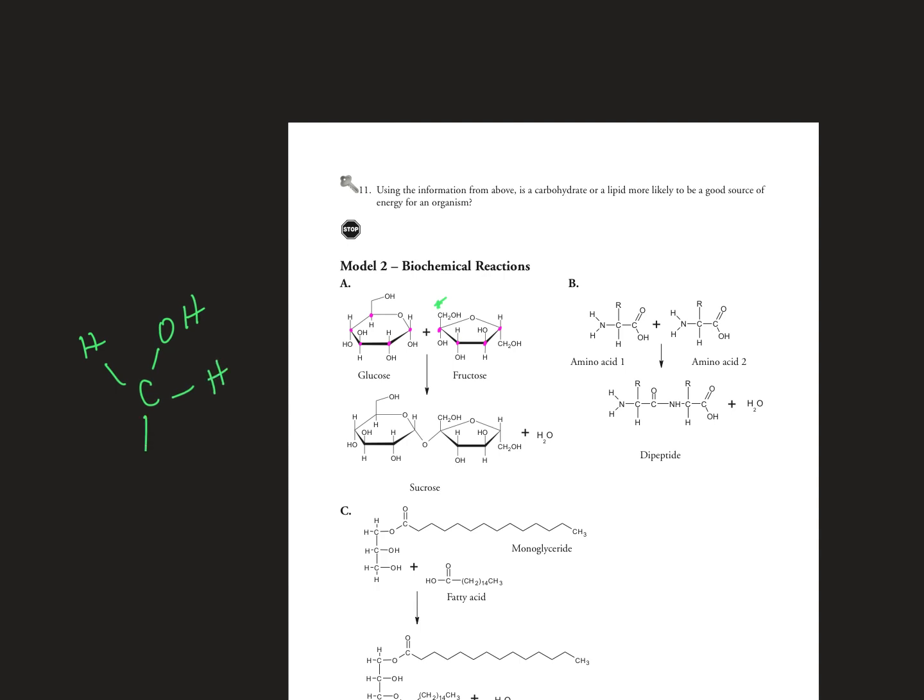And then this whole thing would be attached to this carbon. So that's what CH2OH means there. So if you count them, there's 4 bonds to this carbon, there's 1, 2, 3, 4 bonds to this carbon, etc.